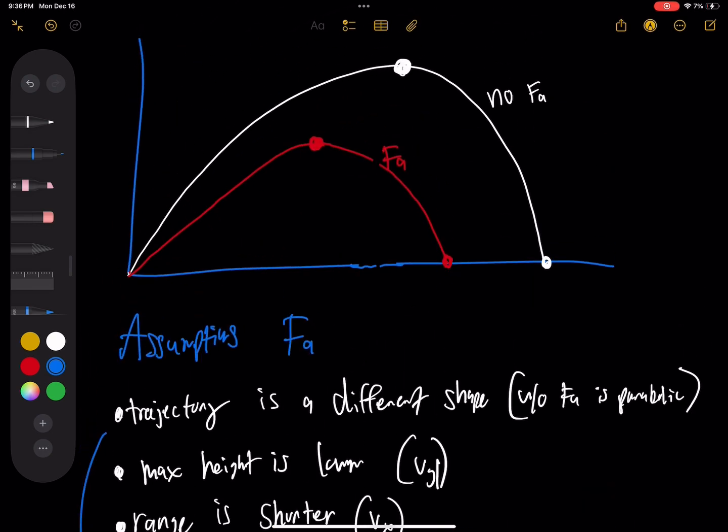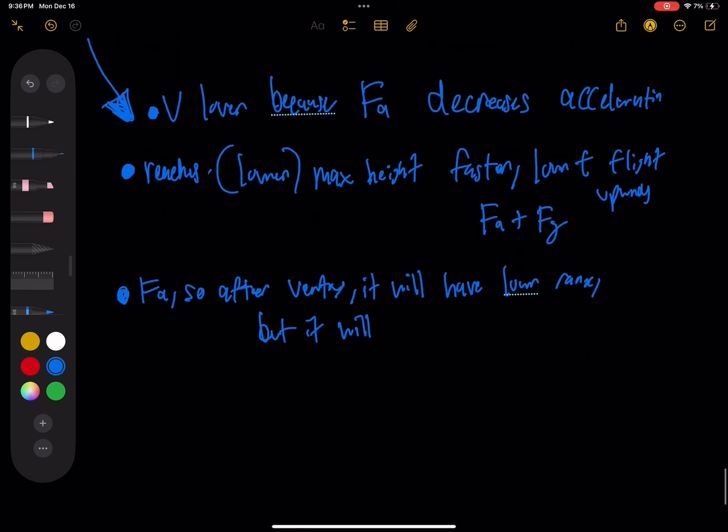It'll reach that faster. Sorry, no, it'll reach it slower, as air resistance upwards will slow its fall. So the time of falling will be longer.